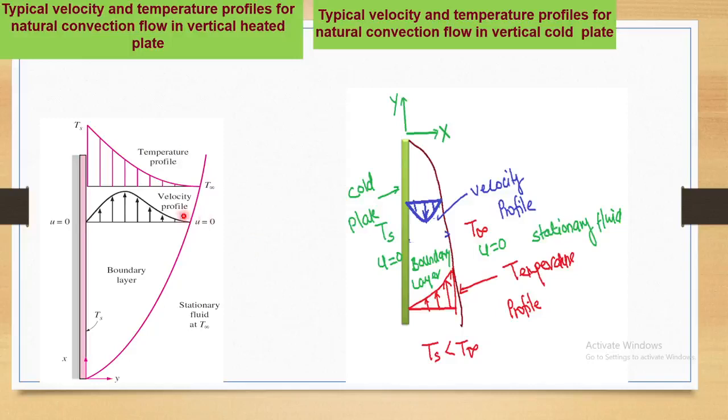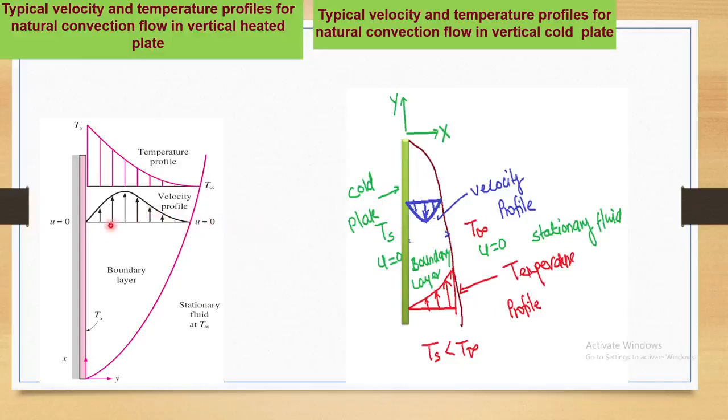Whereas in forced convection, the variation of velocity is as follows. Velocity is zero at the surface. It gradually increases as we move away from the plate, and beyond the boundary layer, the velocity of the fluid particle is equal to the free stream velocity.